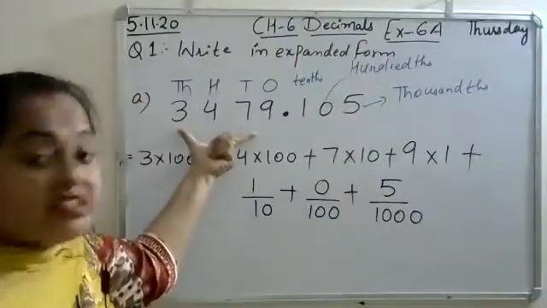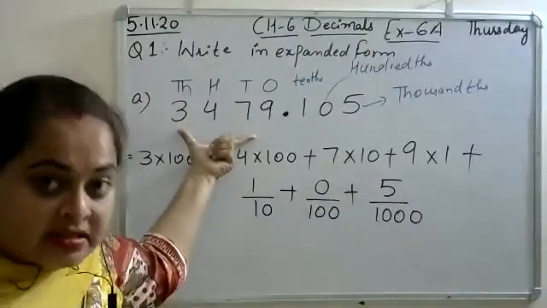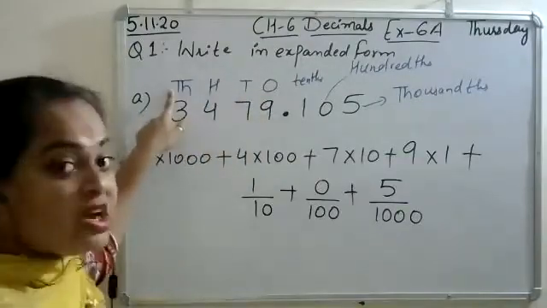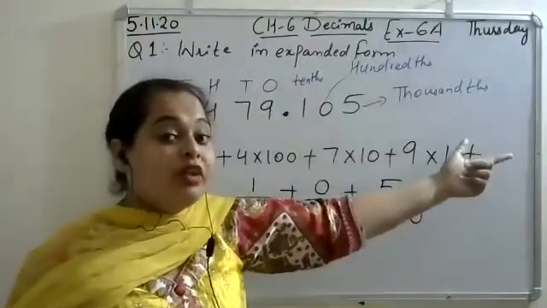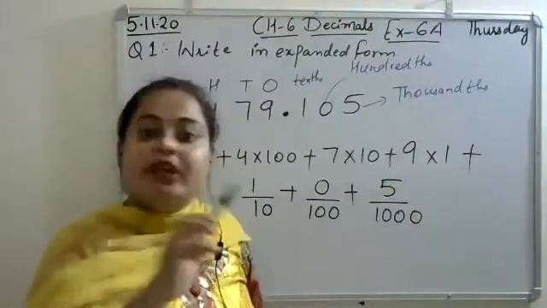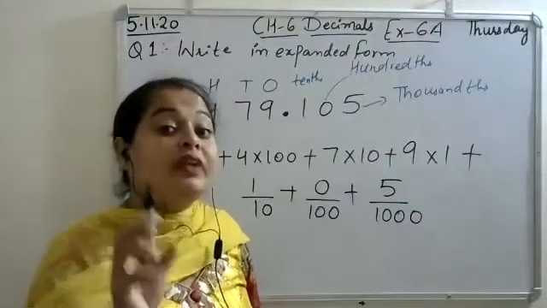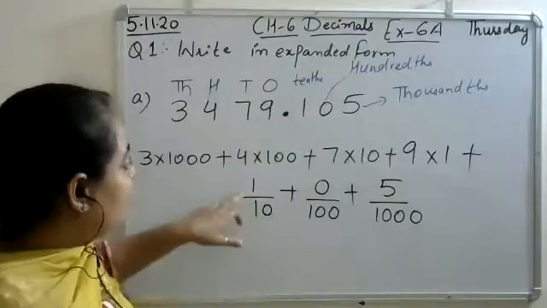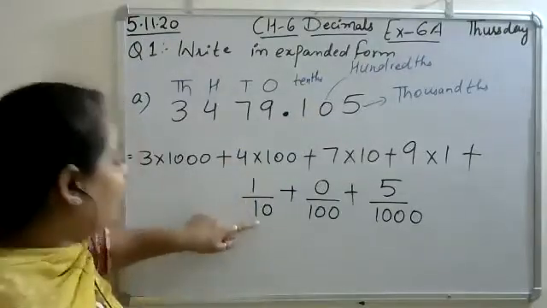On the left hand side, you will use the Indian system: ones, tens, hundreds, thousands. On the right hand side, you will use the decimal system. And in the decimal system, you will not multiply, you will divide. So look, this is tenths, so 1, not multiplied, divided by 10.